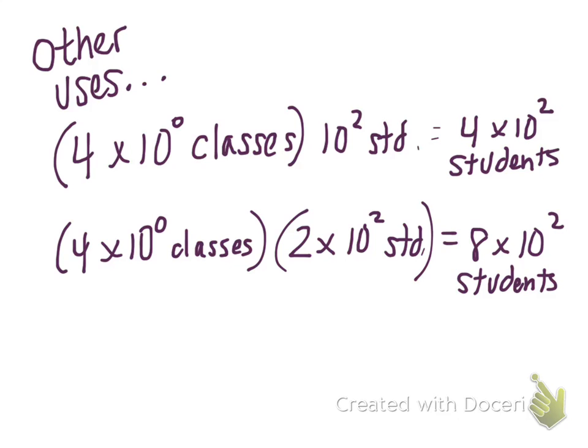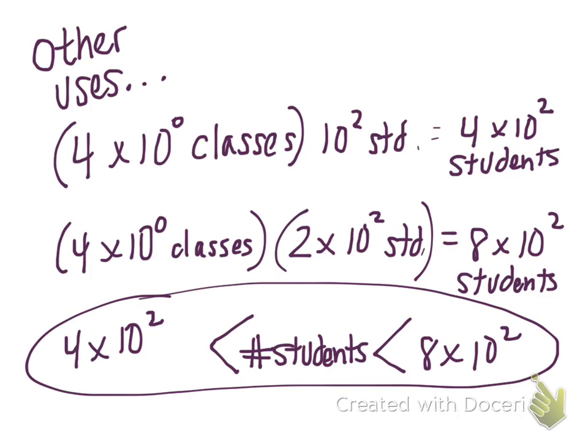So that gives us a range where we can say that the number of students at Beaver Local High School is probably between 4 times 10 to the second, larger than that number, and smaller than 8 times 10 to the second. In fact, if you look at our student body population, it runs right around 600.